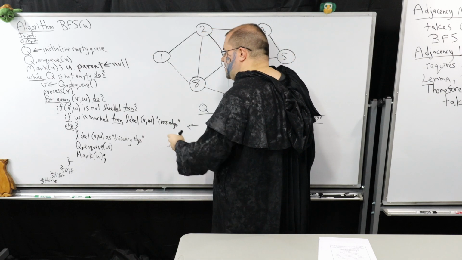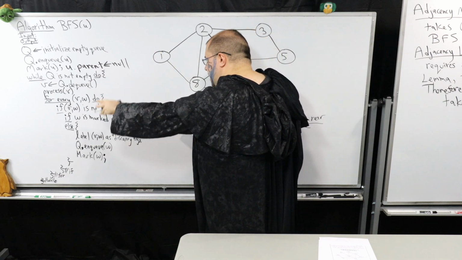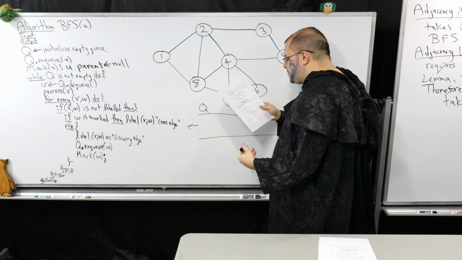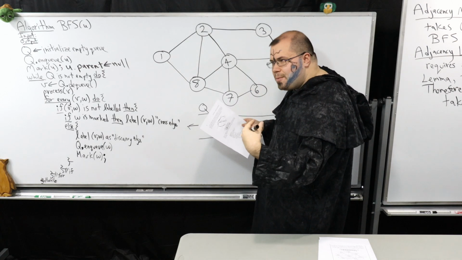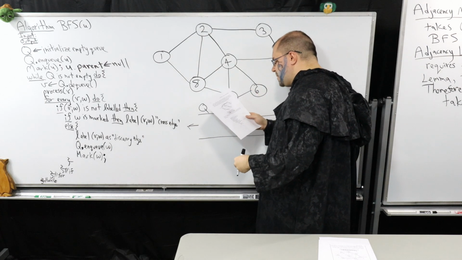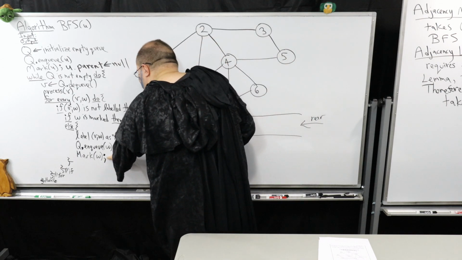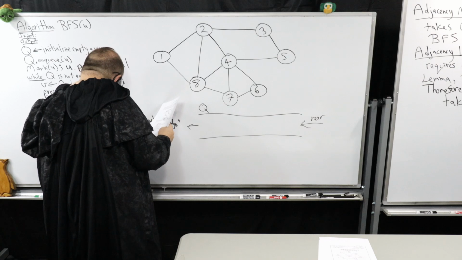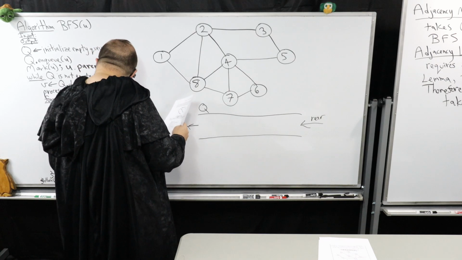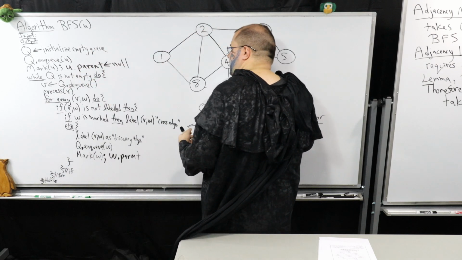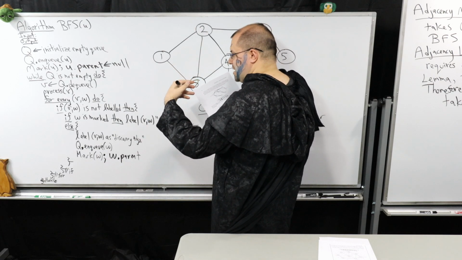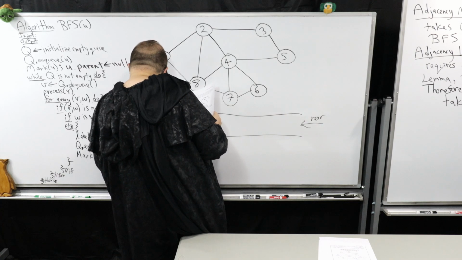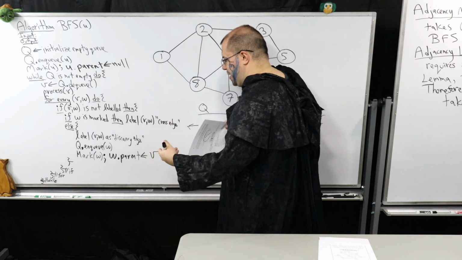Then every time I consider another opposing endpoint and place it into the queue, I know its parent at that time. It's in fact right when I mark that vertex. So if I want to know what the parent of W is, that's the opposing endpoint for the vertex that I've pulled out of the queue. Its parent is going to be V, because remember, that's the opposing endpoint for W.